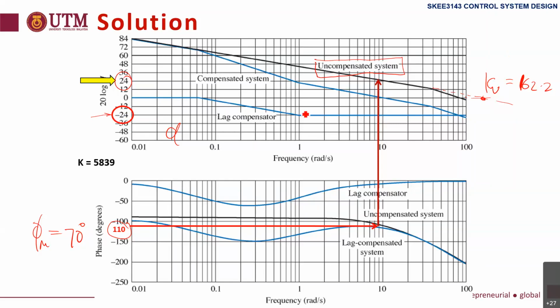So we design here on the high frequency gain minus 24 dB. And until here, which is 0.98, 1 decade after this is 1 decade.